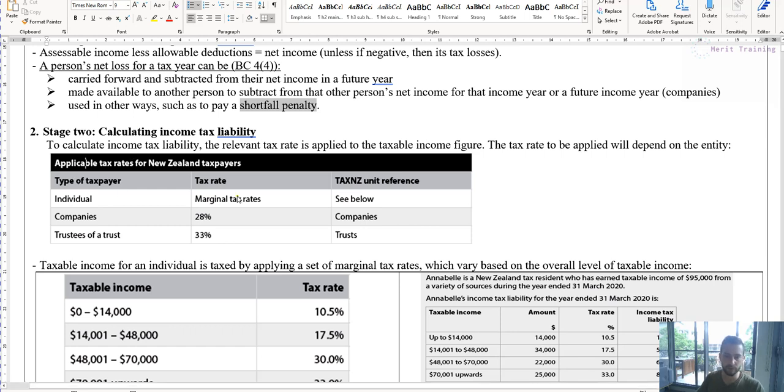If you're an individual, you're going to get taxed at marginal rates, as I explained before and referenced down here in the table. If you're a company, you're going to pay a flat 28%. And if you're a trustee of a trust, and we'll talk about trusts later, it's a difficult concept, but it's another type of entity, you pay 33%.